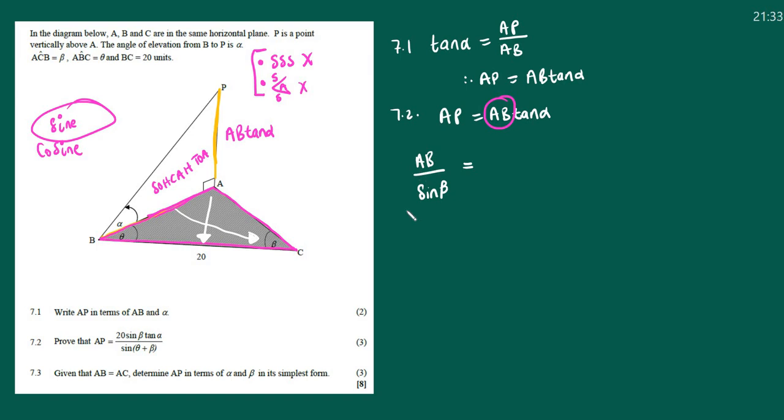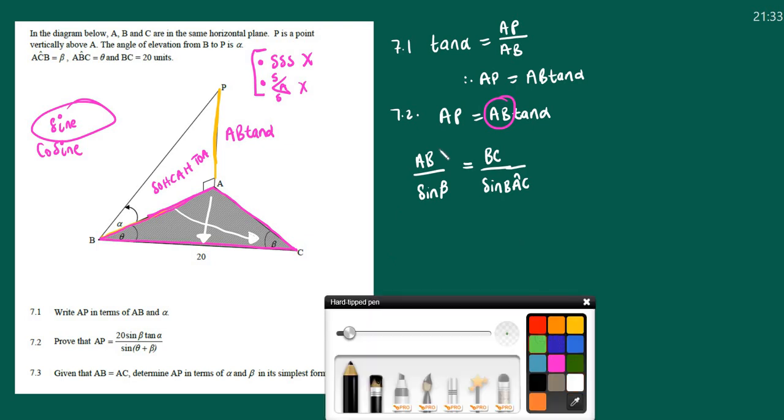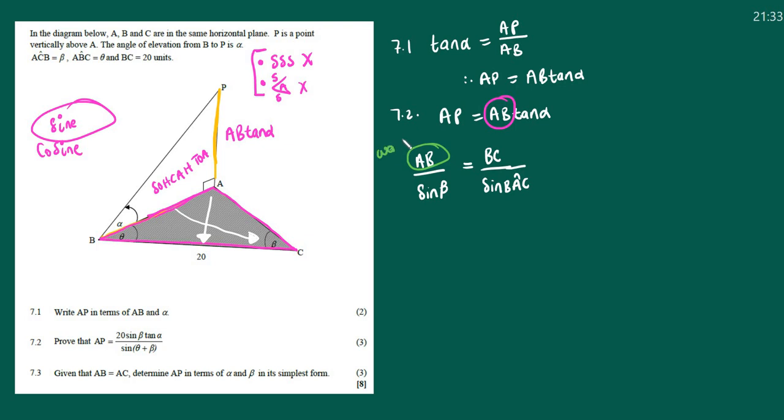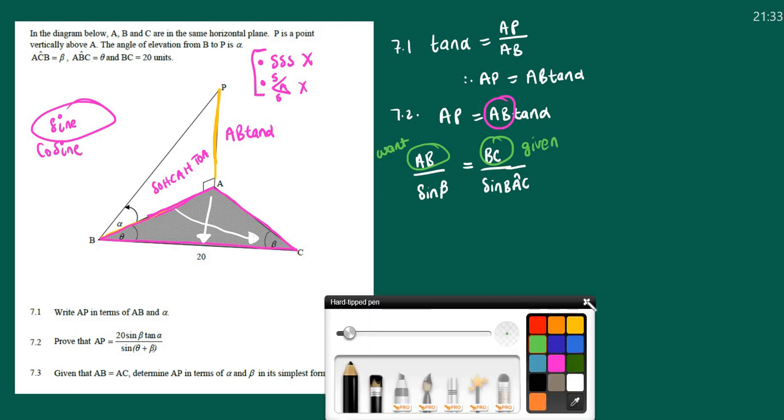So now it's beneficial to talk about BC over sine of angle BAC, because I know the length of BC. I'm avoiding AC because I don't know the length of AC. The two lengths I chose: number one, the one I want. Number two, the one that is given. That is what is inspiring my choice there.